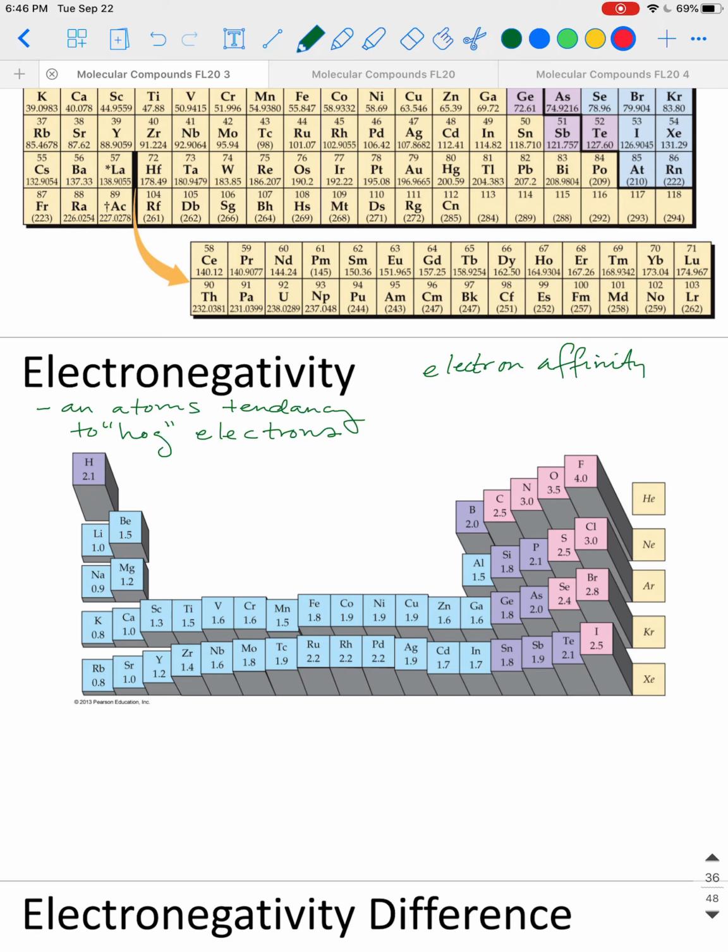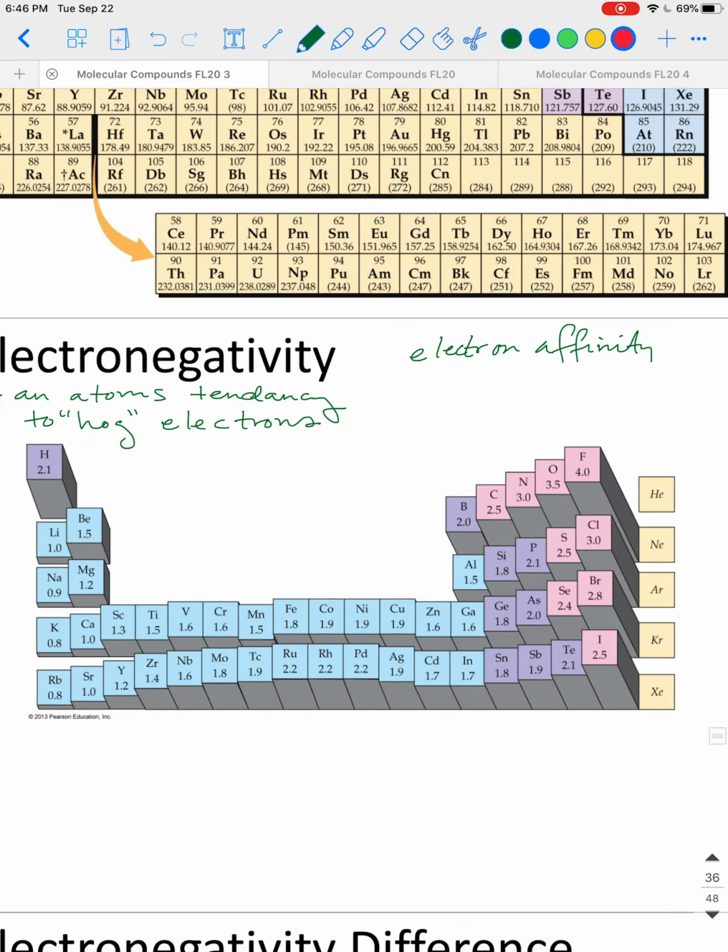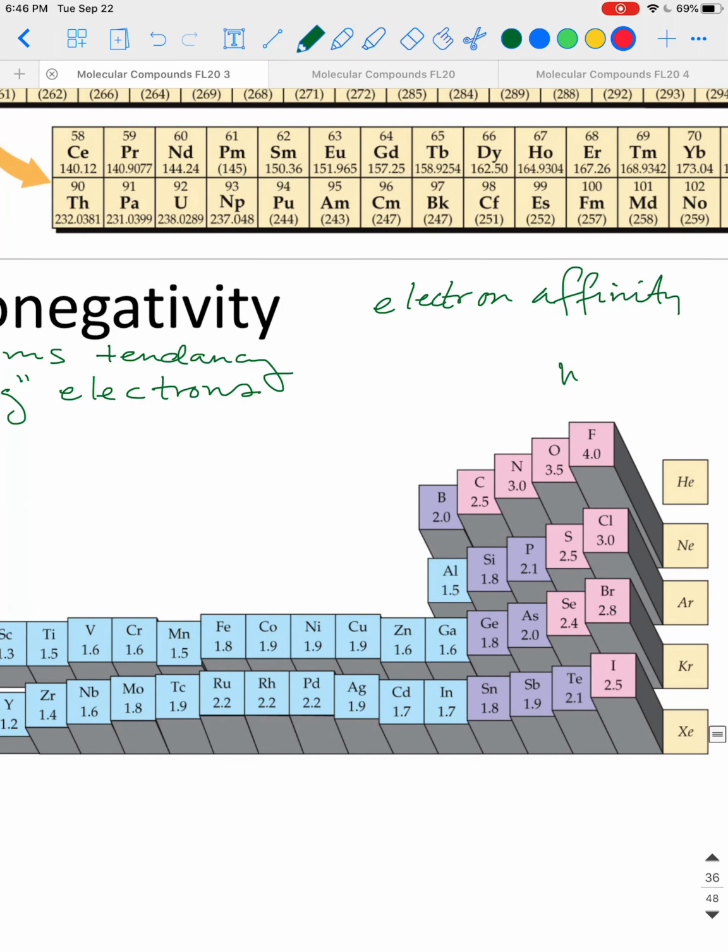So as you go across the periodic table, this chart is specifically an electronegativity chart. Every element on here is assigned a value, and that value is how much electronegativity it has relative to other elements. Now, if we look closely, we see fluorine has the highest.